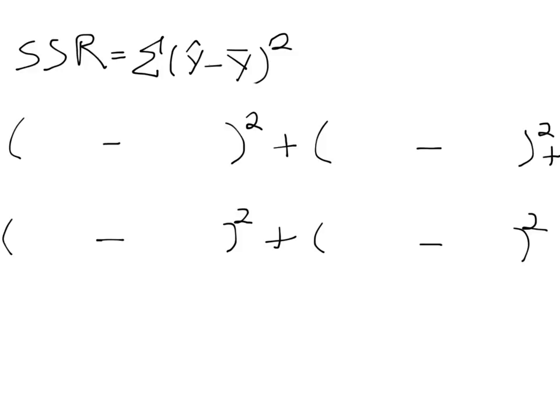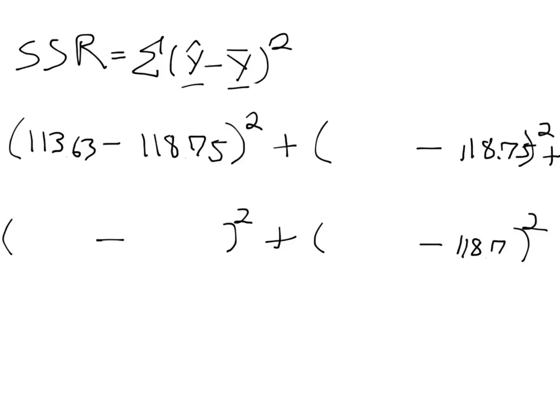So the sums of squares from regression use our projections from before, so I'm going to use those same y-hats I calculated just a minute ago, so 113.63. And the difference here is we're going to subtract off 118.75. That is the average of the y's. That number is the same for all values of y. The only thing that is changing is my projections, but I've just calculated those, so I can just bring these back over.